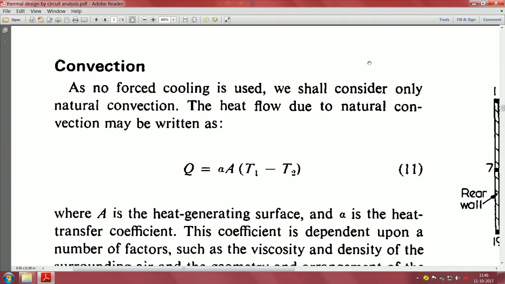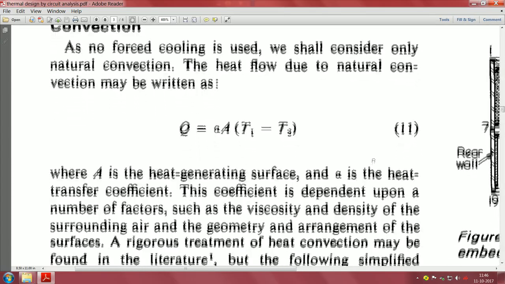The next page shows that after finishing conduction and radiation, we come to convection. The same way, we shall consider only natural convection, which you have come across last time.